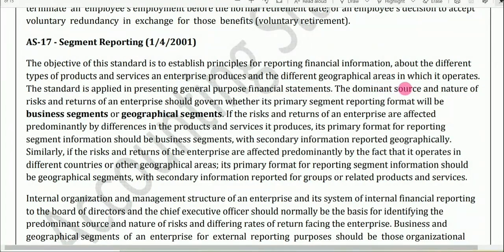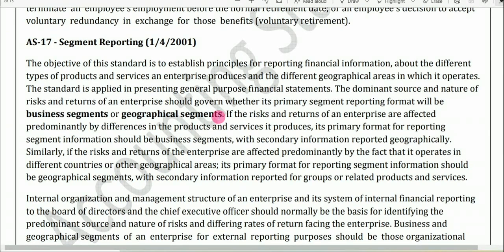The dominant source and nature of risks and returns of an enterprise should govern whether its primary segment reporting format will be business segments or geographical segments.